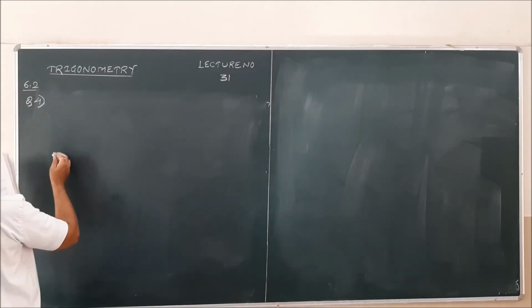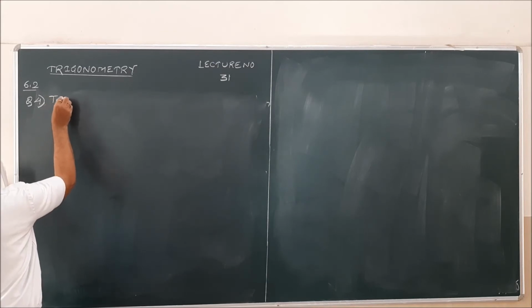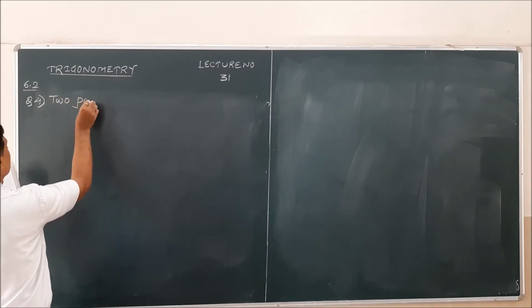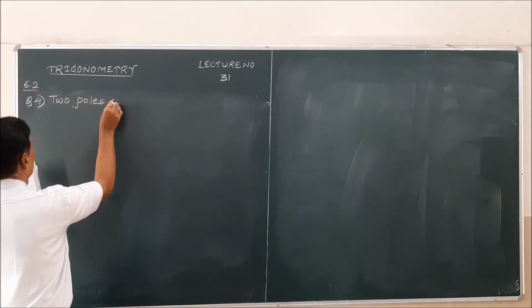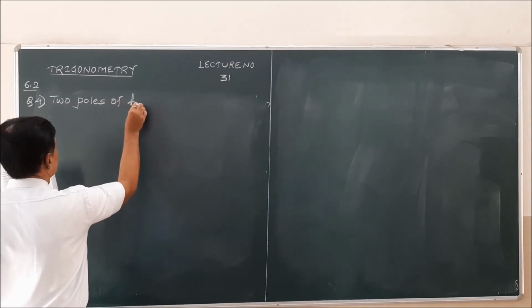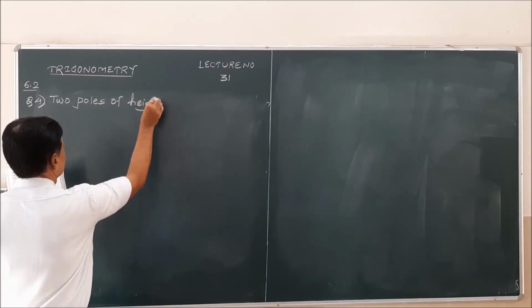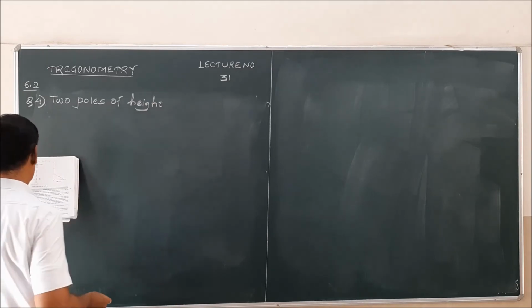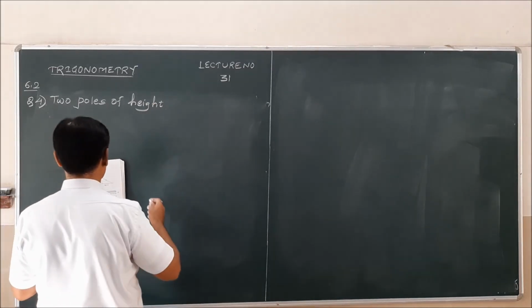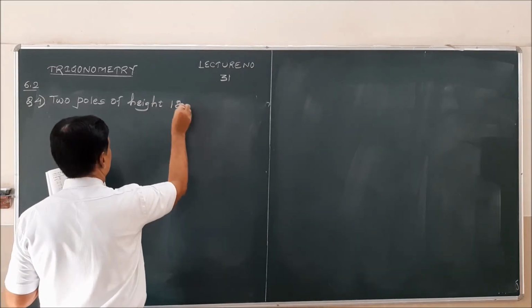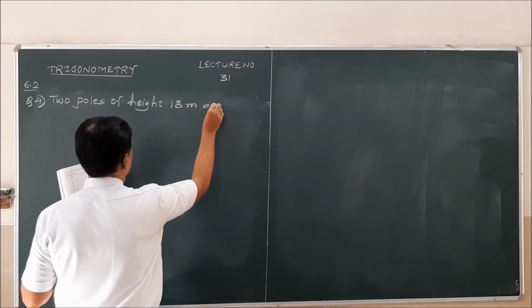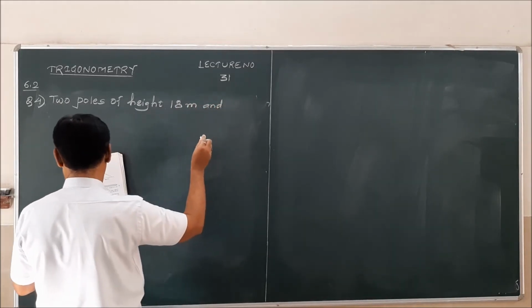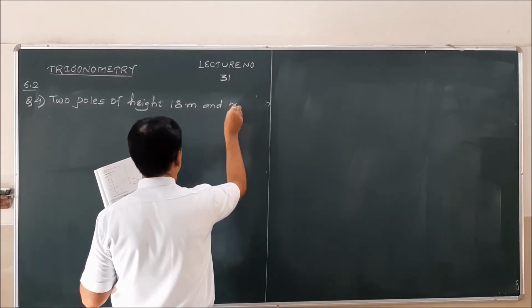Two poles of height 18 meters and 7 meters.